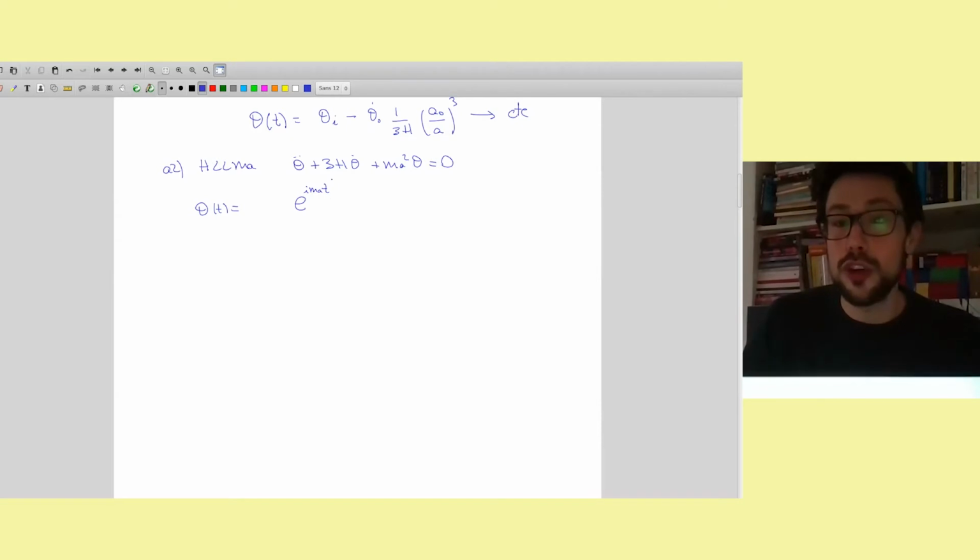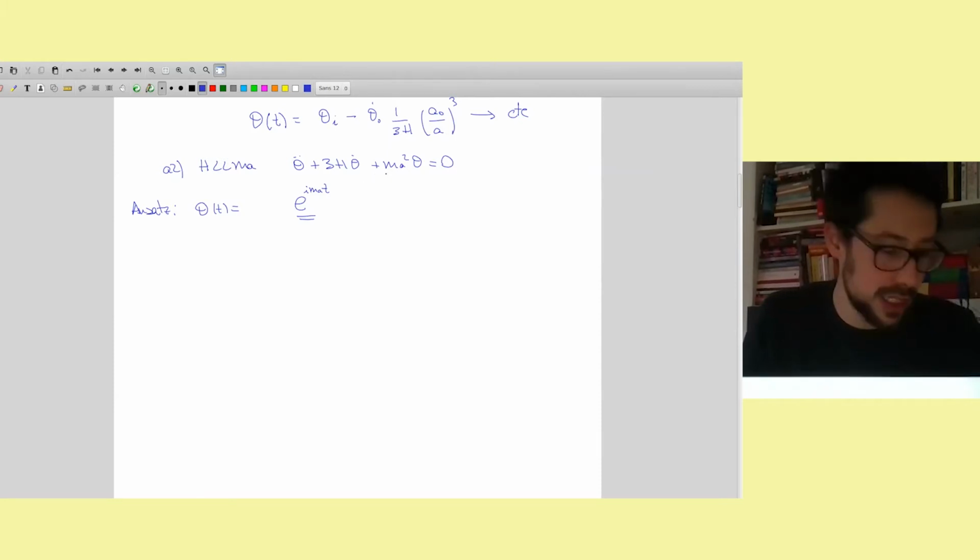To obtain the exact dependence of how the amplitude goes down due to the friction, we can use the following ansatz. We will have a piece oscillating with frequency m_a, and we can put here an arbitrary time-dependent amplitude for these oscillations.